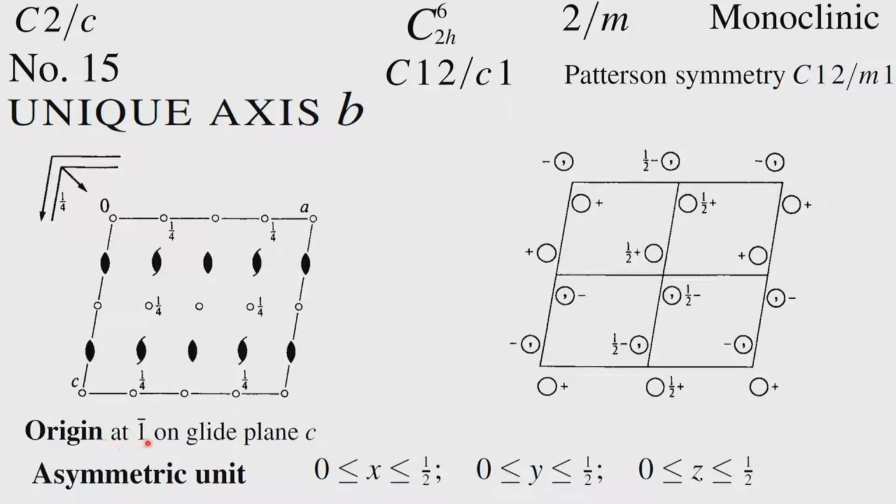Also, we notice here that the origin is located at 1 bar and the glide plane C is coincident with 1 bar. What happens in that situation is that this particular notation tells us that there is a new symmetry that develops, and that symmetry which develops is the so called n glide.